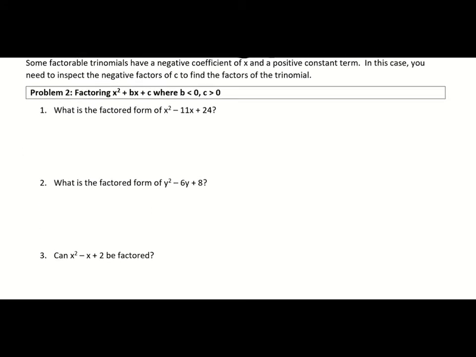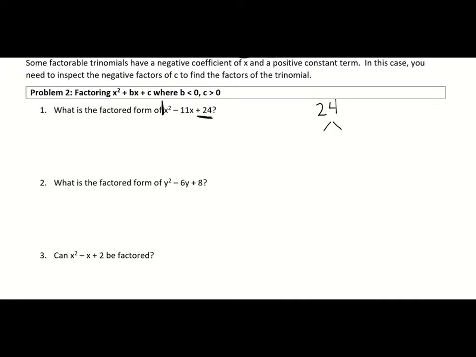Problem 2, number 1. We want to factor x squared minus 11x plus 24. Same process. I'm going to take the number in front of x squared, which is 1, and multiply it with my constant 24. 1 times 24 gives me 24.